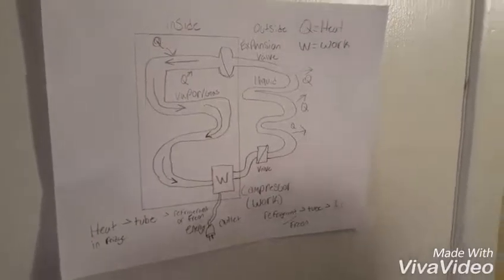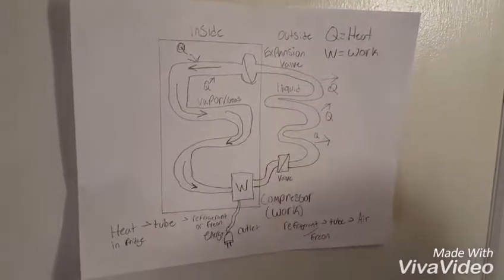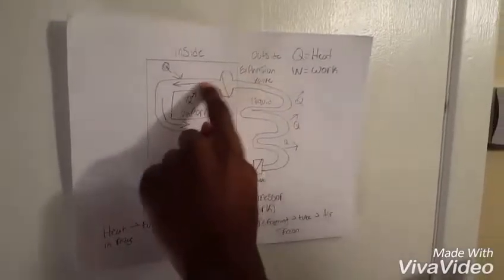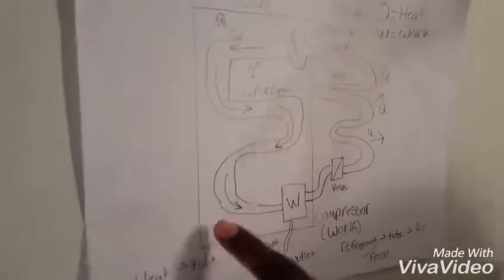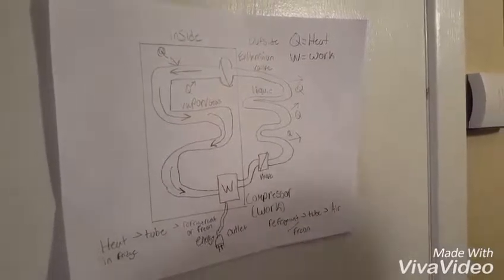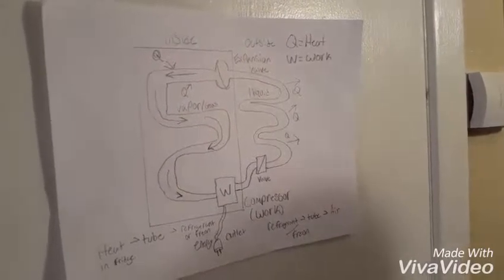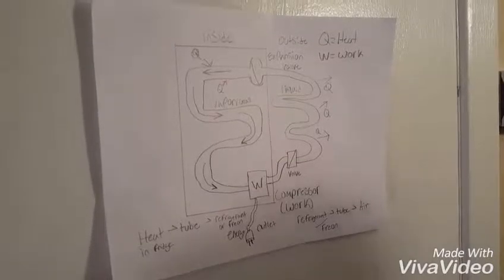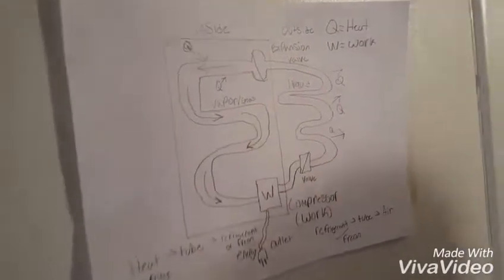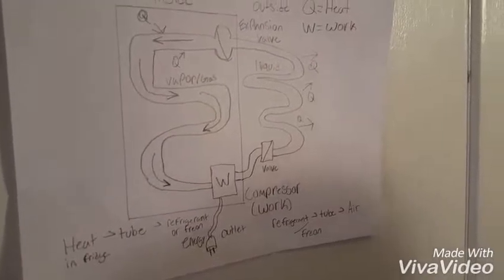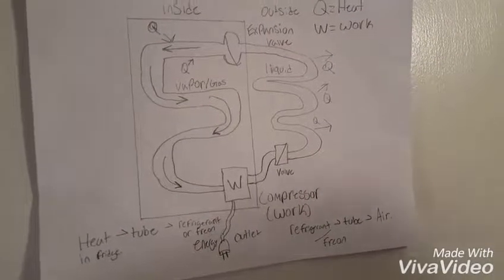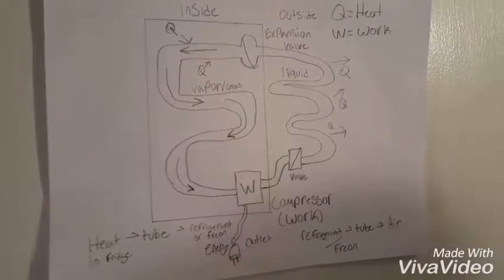The expansion valve turns the liquid into a gas, and this gas or vapor is what travels to the AC unit. All gas over here. This vapor or gas goes all the way down to the compressor, where it is compressed and turned into a liquid again.